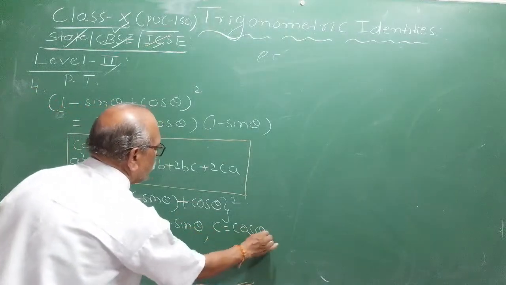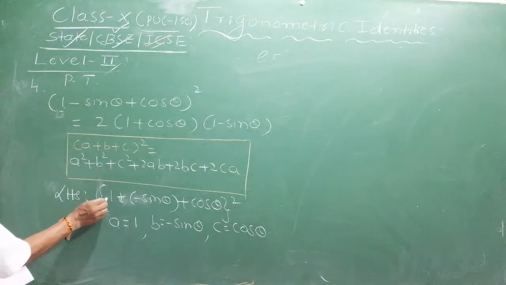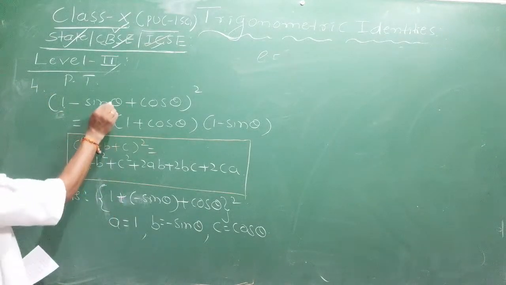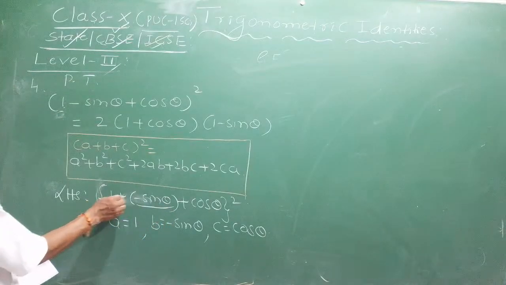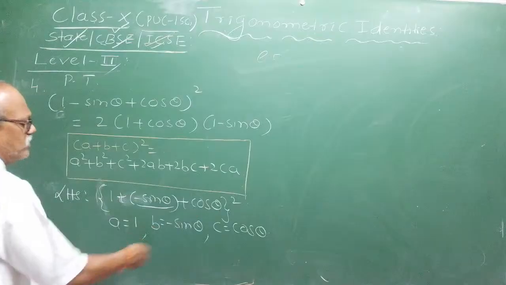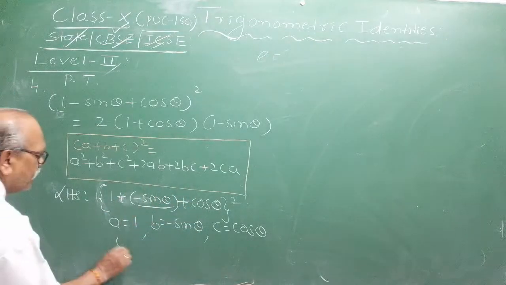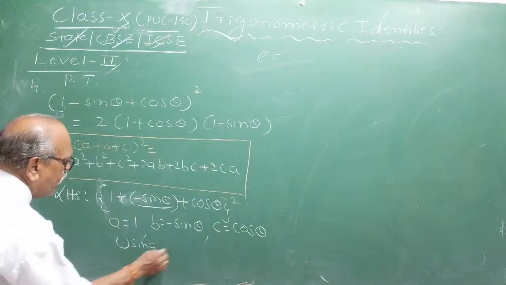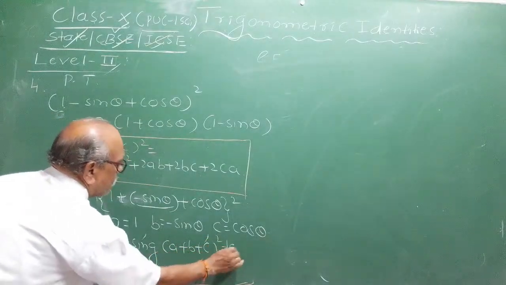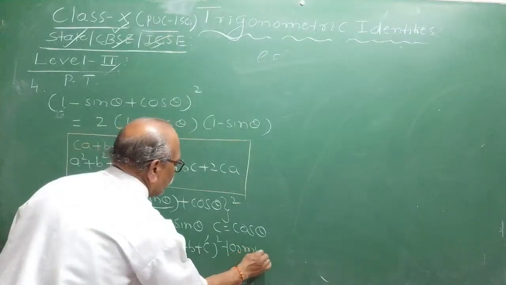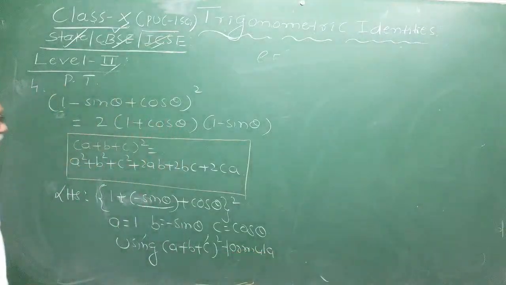Remember only this formula. Write it in the form of A plus B plus C whole square. Plus into minus is minus. Directly write the A plus B plus C whole square formula. You mention it so that your teachers will understand it.